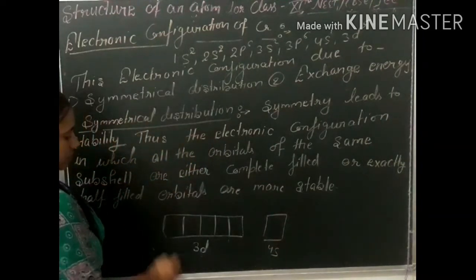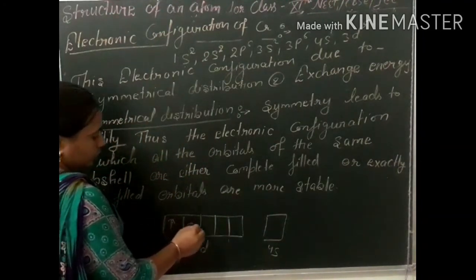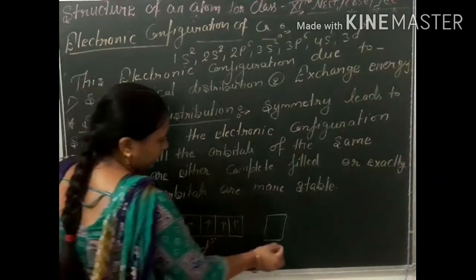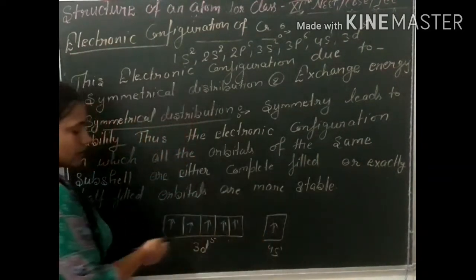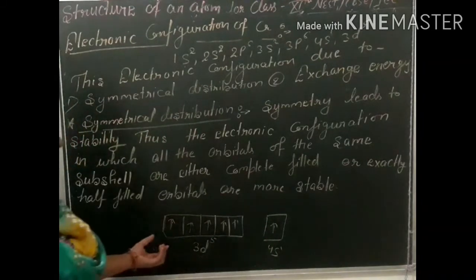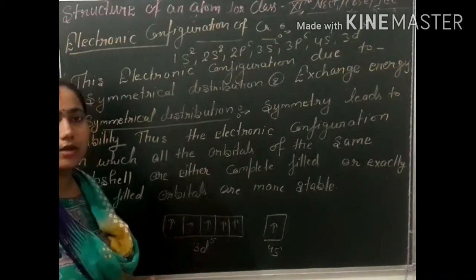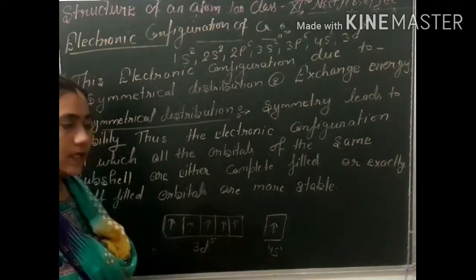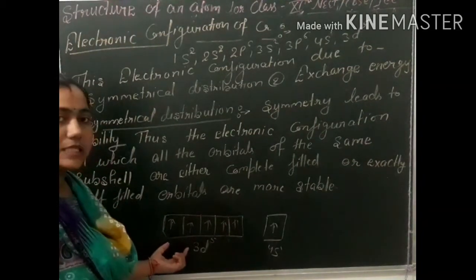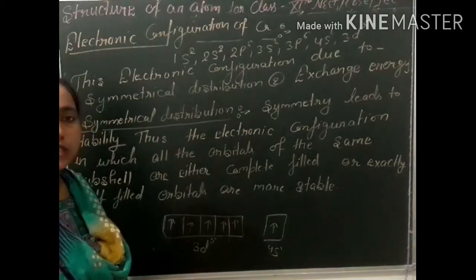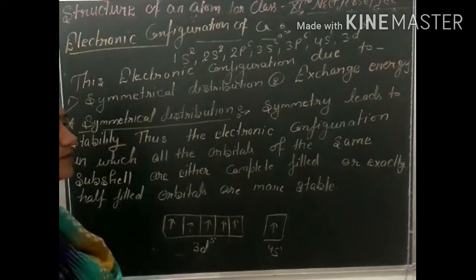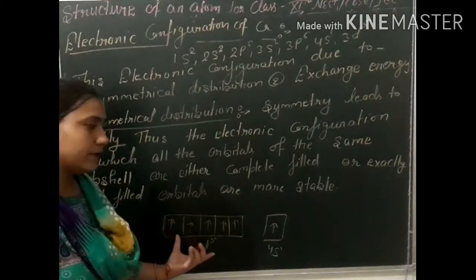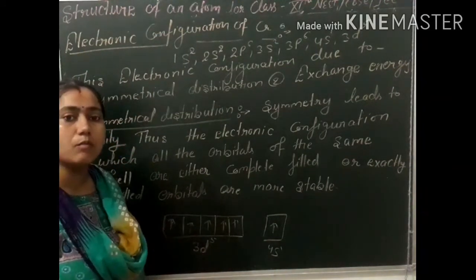Now in 3d5 and 4s1, all orbitals are symmetrical, it means each orbital contains one electron, so the energy of the orbitals is the same here. Each orbital has one electron, which gives symmetry. Symmetry means same.